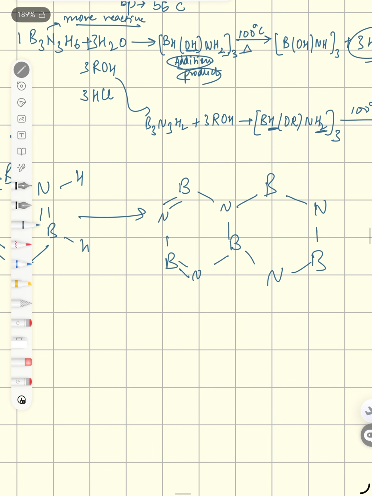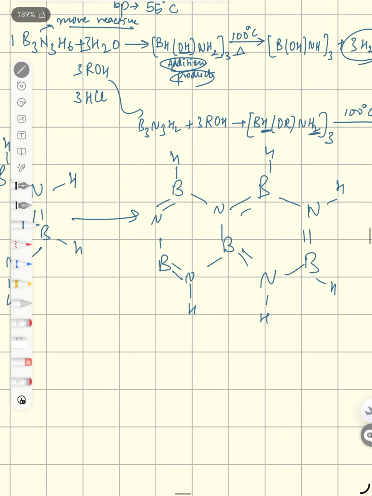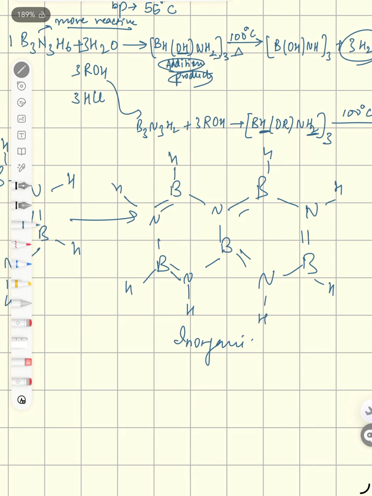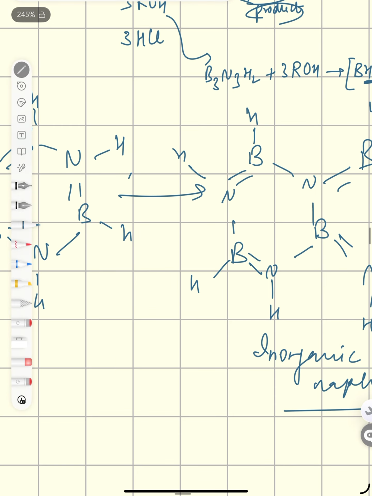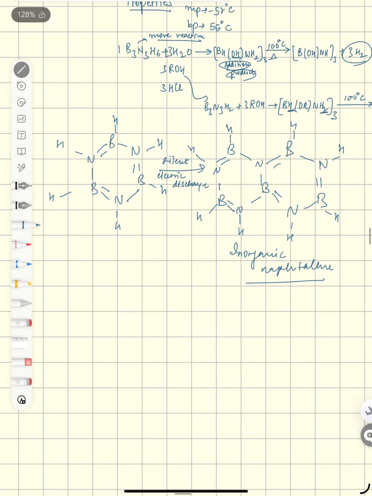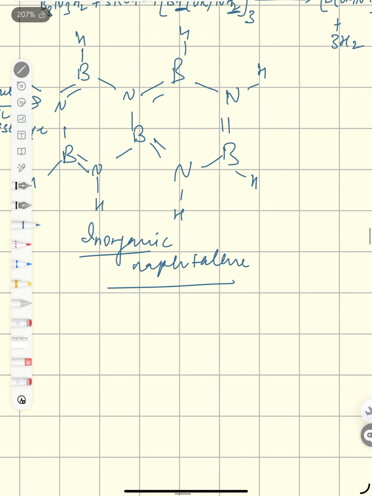Also known as inorganic naphthalene. Right? This is another astonishing property of borazine, which on passing through a silent electric discharge results in the formation of inorganic naphthalene, right?